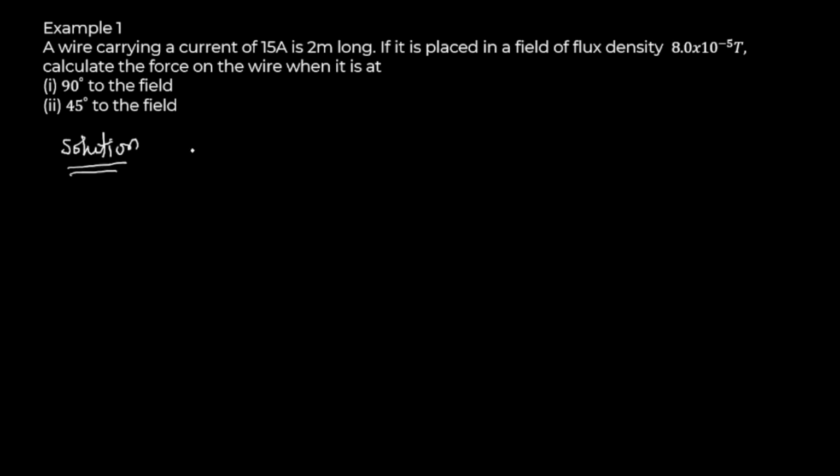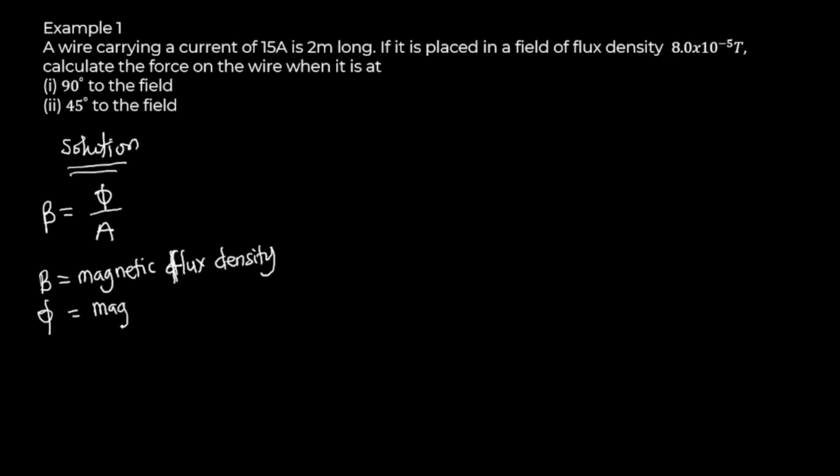Solution. Now, before we look at the solution for this problem, I want to take you through a little bit of what magnetic flux density is. Magnetic flux density is given mathematically as B is equal to Φ on A, where B is what we call the magnetic flux density, Φ is the magnetic flux, and A is the cross-sectional area perpendicular to the field.